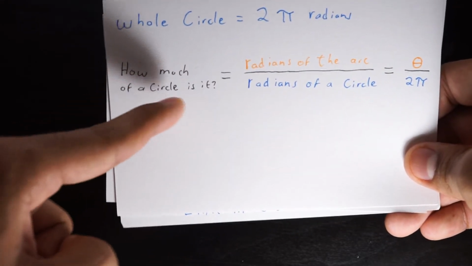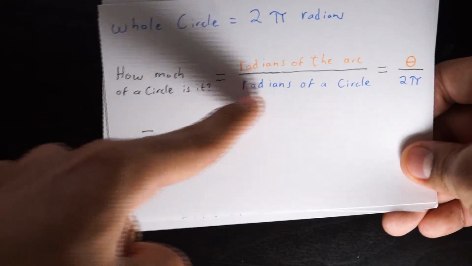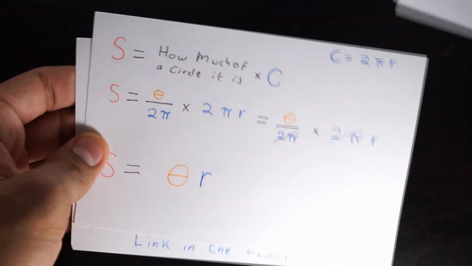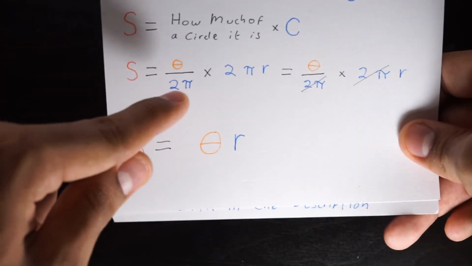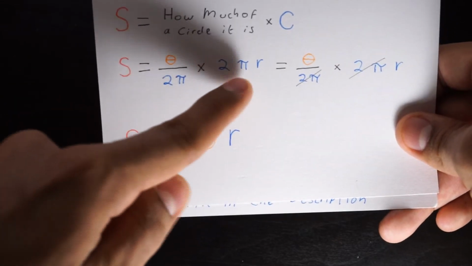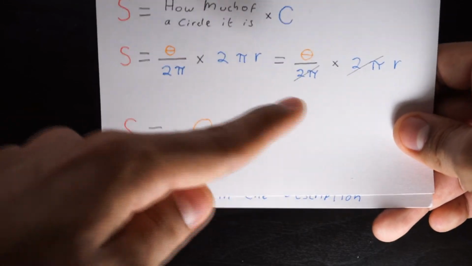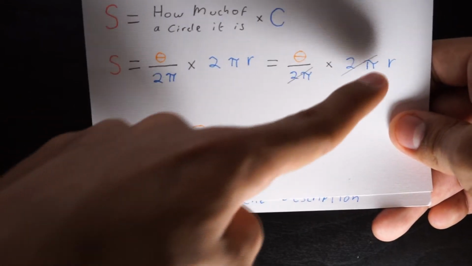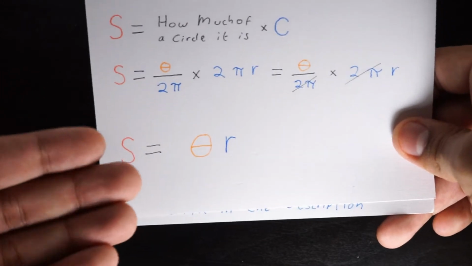How much of a whole circle it is is equal to the radians of the arc divided by the radians of a whole circle. And moving forward, we can multiply that proportion, how much of a circle it is, by the formula for the circumference of a circle. The 2 pi's cancel out on each side, and at the end we have the arc length formula.